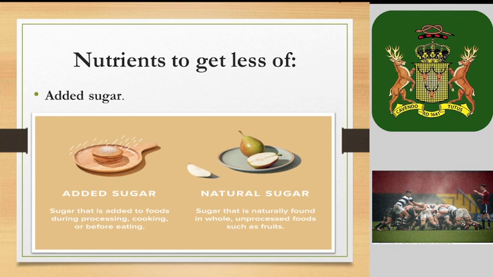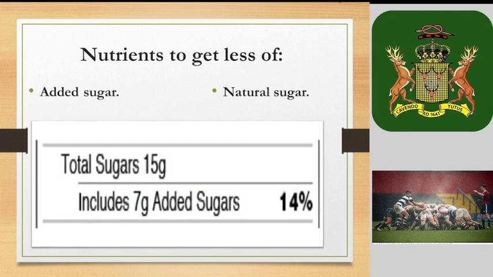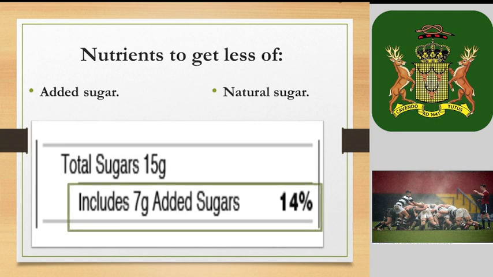On the other hand, natural sugar is found naturally in whole and processed food such as fruit. You can normally find the information of added sugar in this way. You can see the total sugar of the food, and here you can see in a separate line the added sugar.